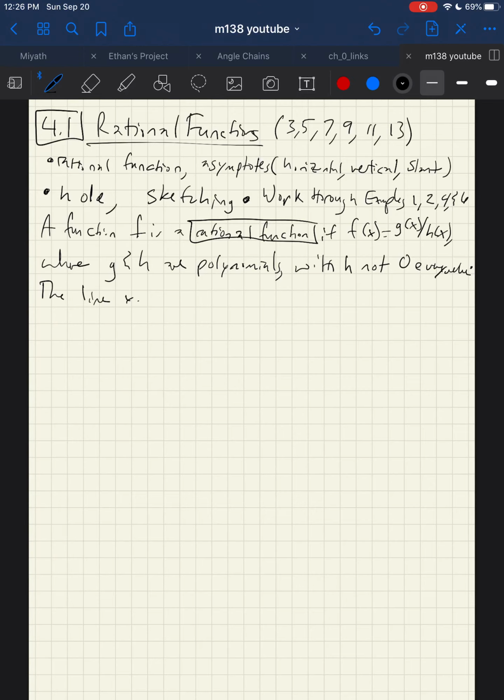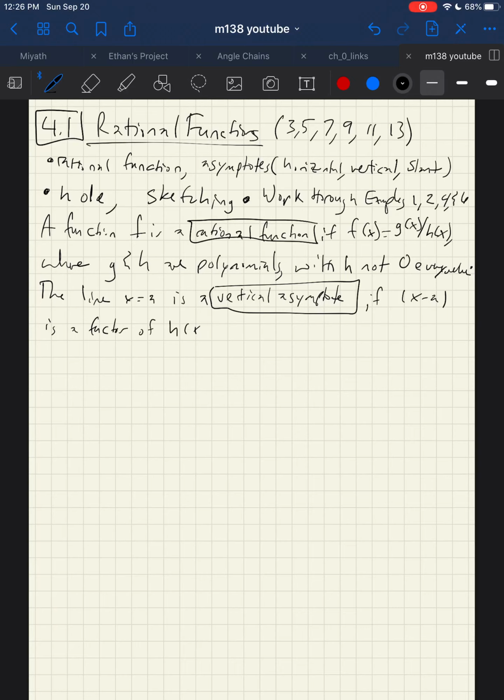The line x equals a is a vertical asymptote if x minus a is a factor of h of x.